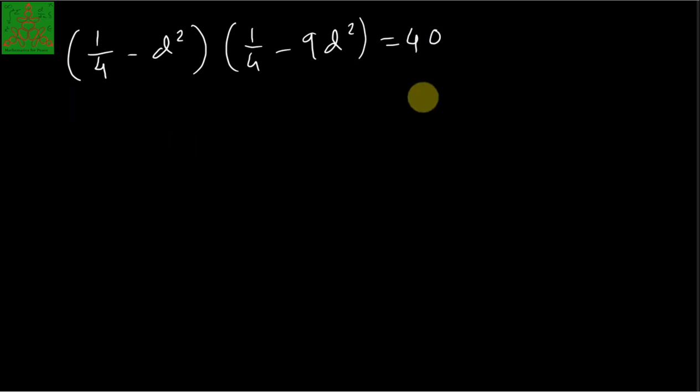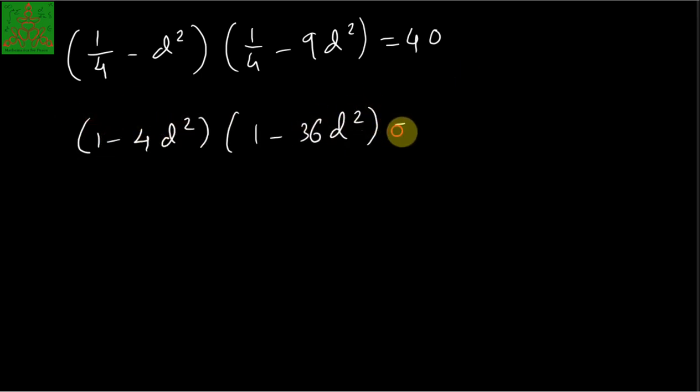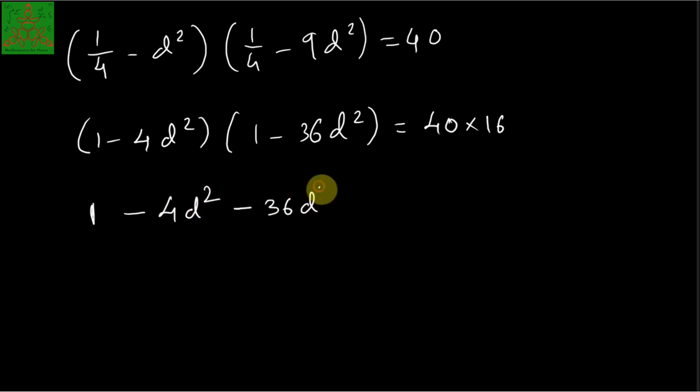Let us take the LCM and simplify this, or I can multiply the brackets. So this is 1 minus 4d square, 1 minus 36d square, equal to 40 into 16. If you multiply the brackets, this is 1 minus 4d square minus 36d square plus 144d power 4 equal to 640.